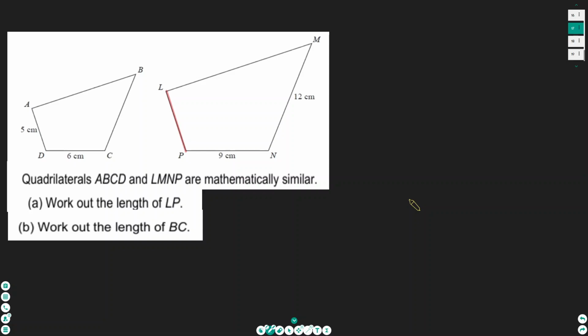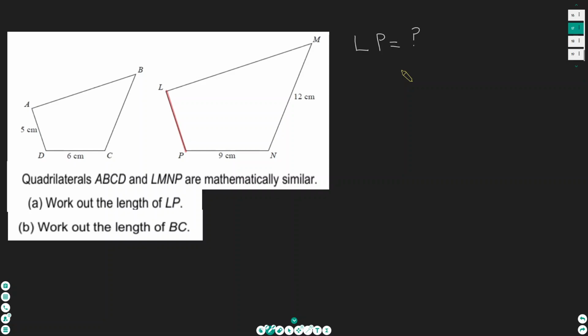In this exercise, I have two quadrilaterals that are mathematically similar. And what we need to find here is the LP side. So we need to find the LP. The LP is a side of the bigger quadrilateral.